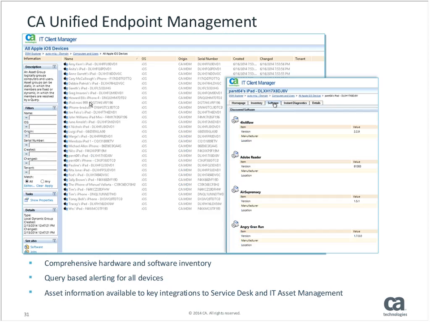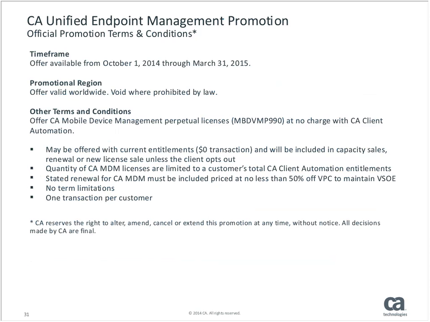Because we have this inventory information now in Client Automation, you can set up policies and dynamic queries and get notifications. If you have a certain piece of mobile software that you don't want on your end systems, you can get alerts. All of the rich functionality that's available in Client Automation can now be brought to bear on your mobile devices also.